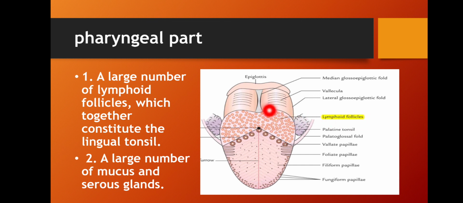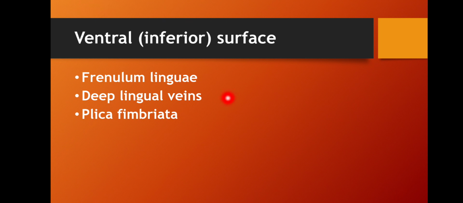These lymphoid follicles together constitute the lingual tonsil, and it also contains mucous glands and serous glands. Mucous glands secrete mucus, and serous glands secrete watery secretions. Okay, right.